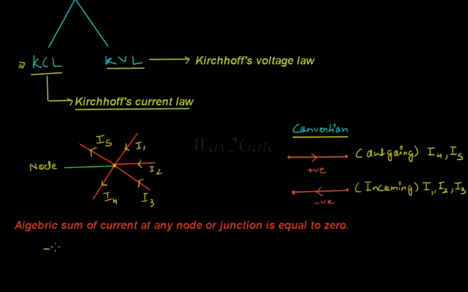Therefore, minus I1 minus I2 minus I3 plus I4 plus I5 is equal to 0. Solving further, we can write I4 plus I5 is equal to I1 plus I2 plus I3. That is, the sum of outgoing currents I4 and I5 is equal to the sum of incoming currents, that is I1, I2 and I3.